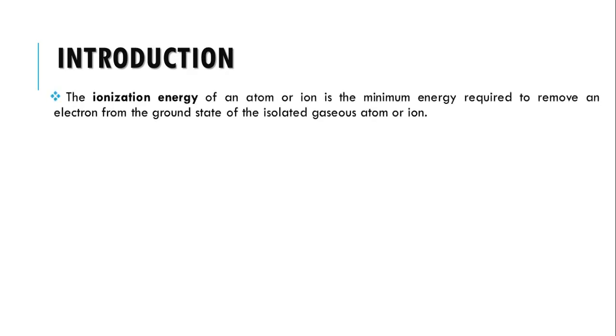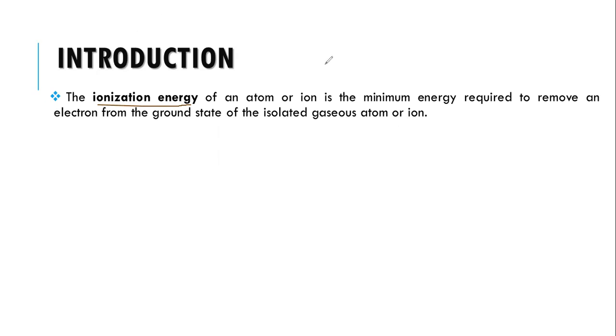This chapter belongs to the electronic energy levels of atoms and atomic structure. First we have to know what is meant by ionization energy. The ionization energy of an atom or ion is the minimum energy.